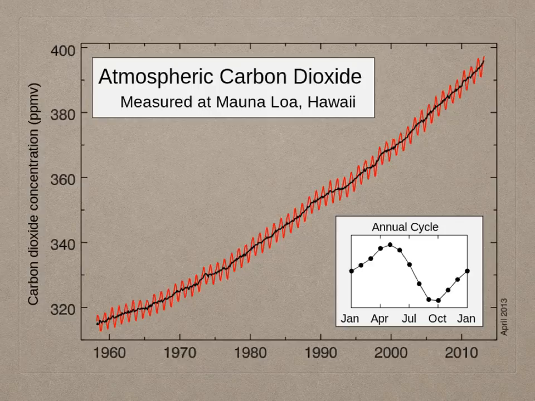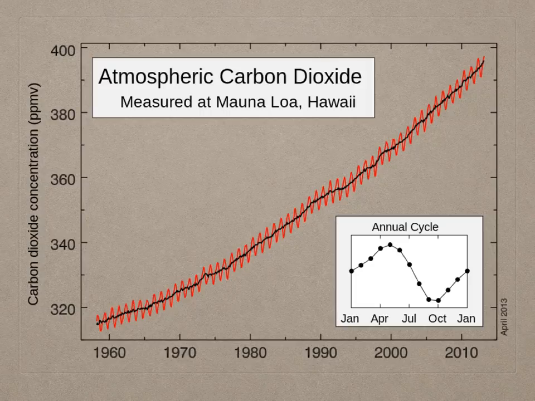But if you average over time, over the annual cycle, you get the black curve, which shows this secular increase in atmospheric carbon dioxide since the 1950s. It's actually since we've started to burn fossil fuel that the atmospheric carbon dioxide concentration has been increasing.